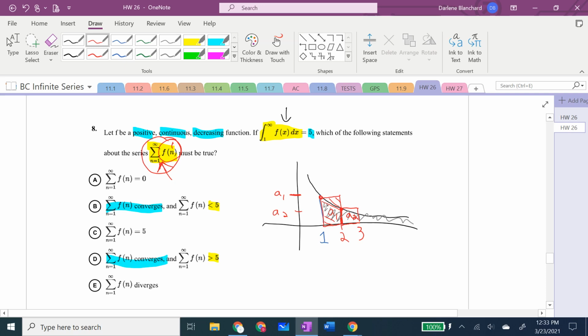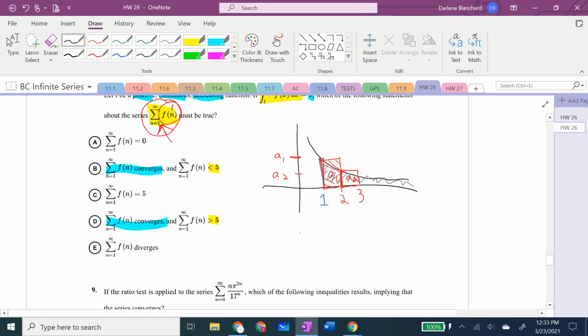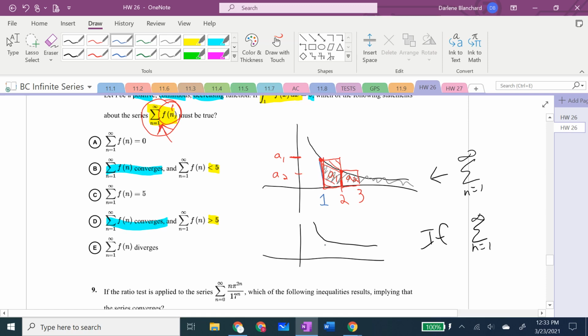So if you start by figuring out whether, if this had started at n equals 2 instead, let me actually show you. If the sigma had started at n equals 2, this one is sigma starting at n equals 1. Same formula. But if it had been starting at 2, and your integral was from 1 to infinity, then the first term that you have is a sub 2.